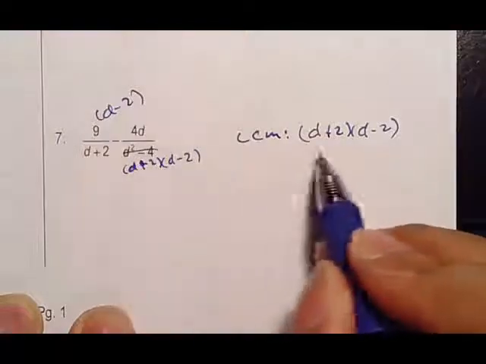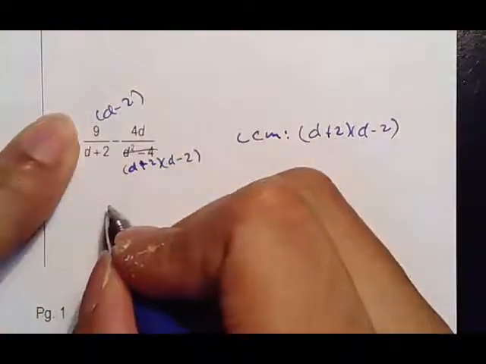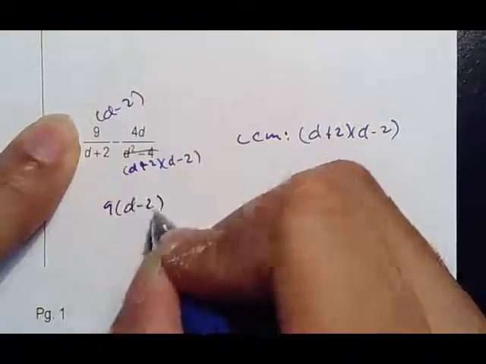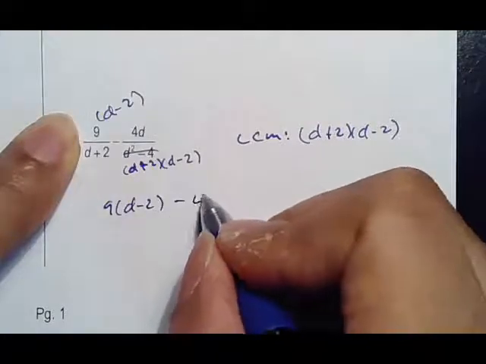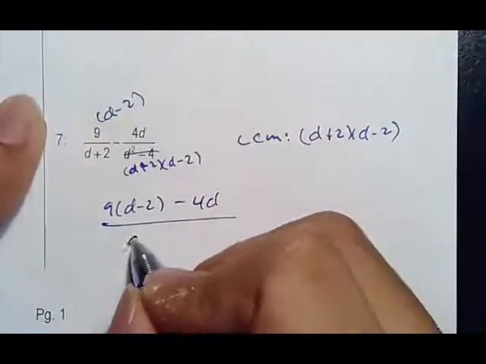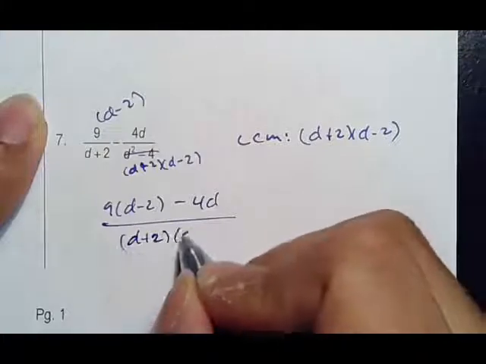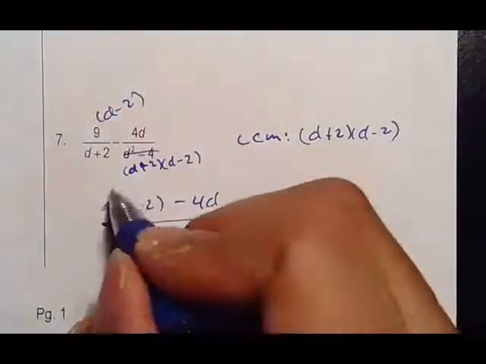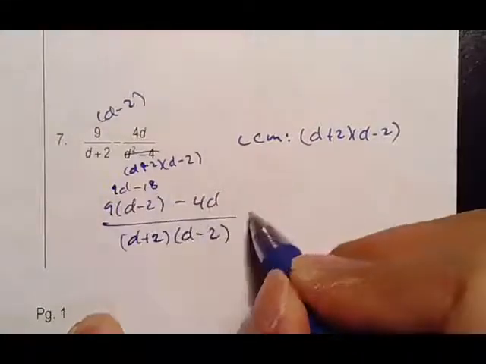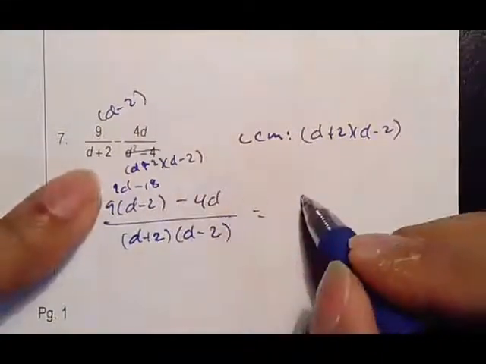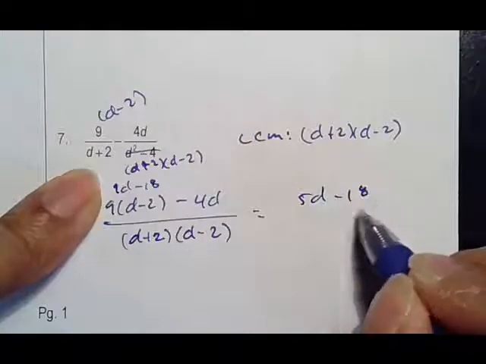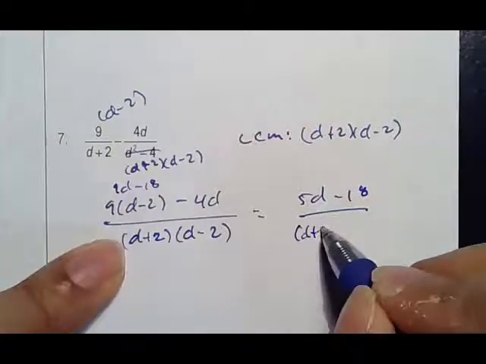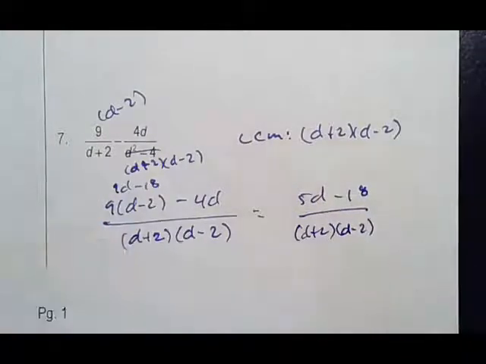This is missing nothing at all because it's got both, so that turns into 9 times d minus 2 minus 4d over that, which becomes 9d minus 18, which turns into, what, 5d minus 18 over d plus 2, d minus 2.